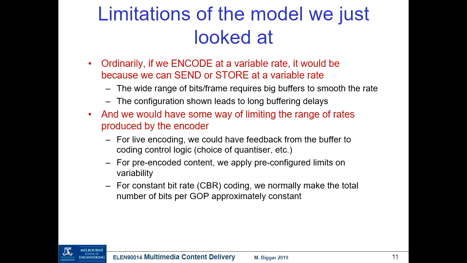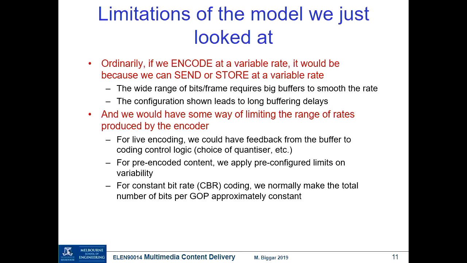And also, if we were generating very high rates at some particular time, then we would ordinarily have some sort of a feedback to limit that. Normally for constant bitrate coding, so that was what the simulation was for.